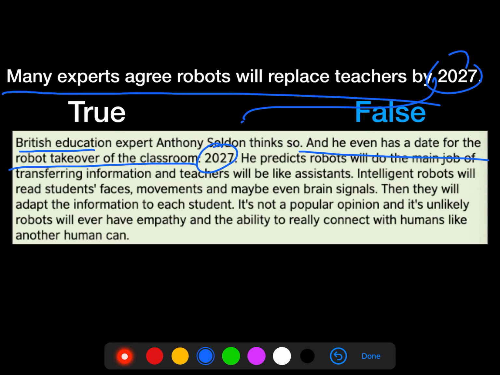British education expert Anthony Seldon thinks so, and he even has a date for the robot takeover of the classroom: 2027.